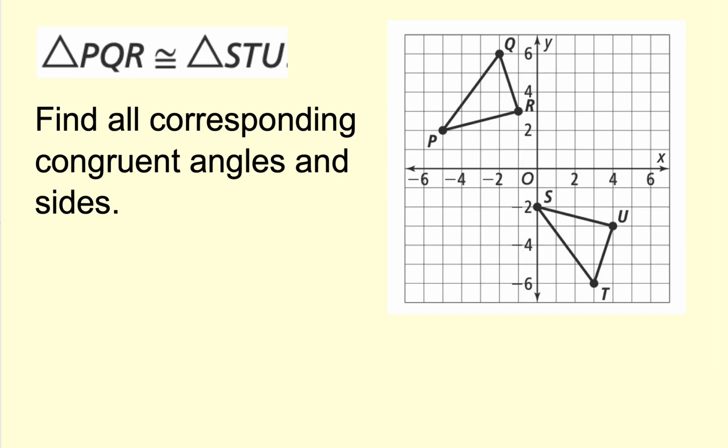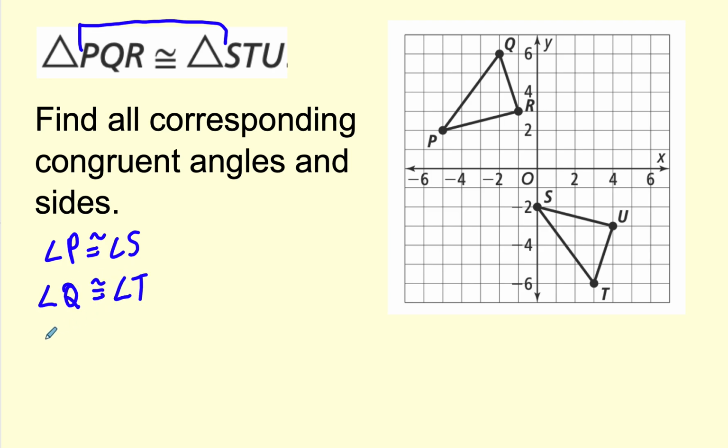Let's take a look at these two triangles. They are congruent. And when the triangles are congruent, the order is very important because it tells us exactly that angle P is congruent to angle S, angle Q is congruent to angle T, angle R is congruent to angle U, segment PQ is congruent to segment ST. I'm using the first two letters, which go with the first two letters.